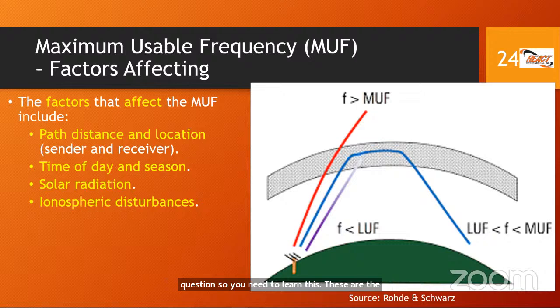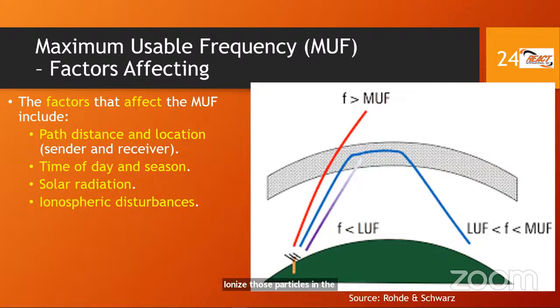And if you think about it, the path, distance, and location, yeah, that's what we're talking about. It's two positions on the surface of the earth, how far apart they are, where they are located, what's the path between the two. That affects the maximum usable frequency. Time of day, because when we come to talking about the ionosphere again, the ionosphere itself, the levels or the layers or the regions and how active it is, or the availability to be able to refract the signals, depends or not on the sun being overhead to ionize those particles in the sky, right, and the ionosphere.